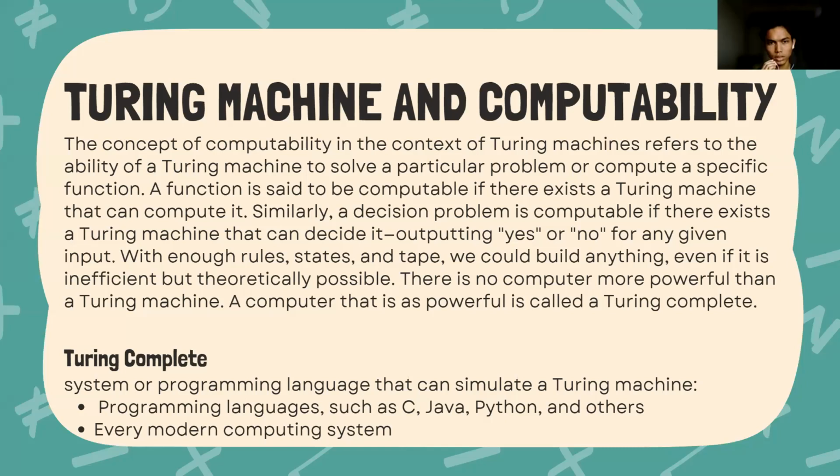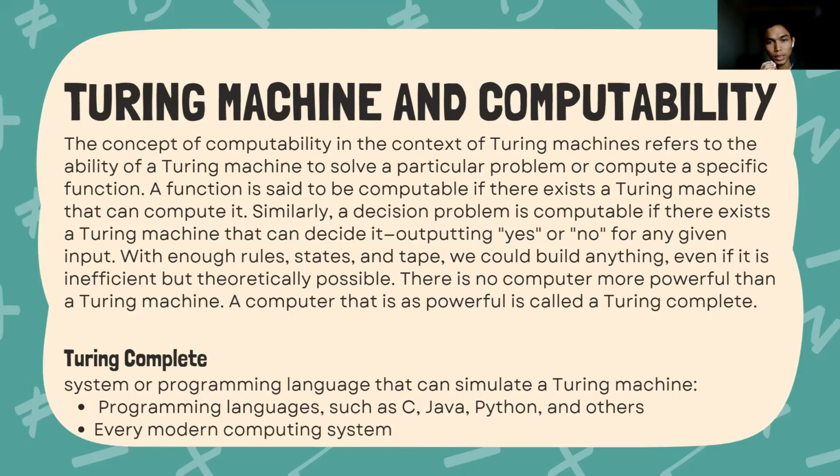So next is the Turing machine and computability. What is computability of a Turing machine? The concept of computability in the context of Turing machines refers to the ability of a Turing machine to solve a particular problem and compute a specific function.